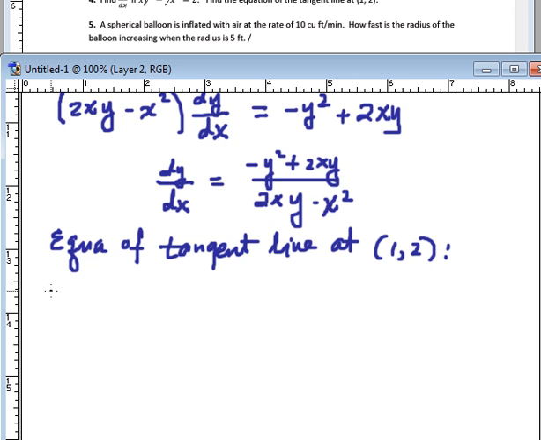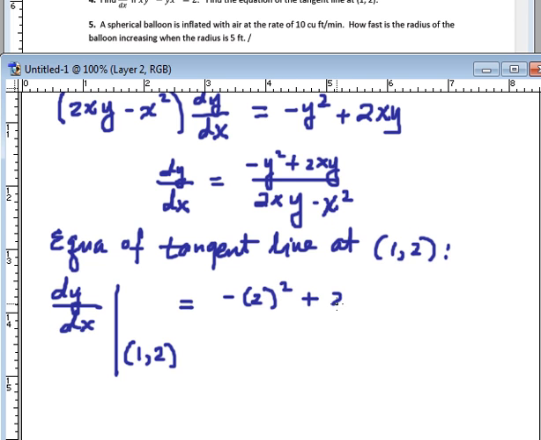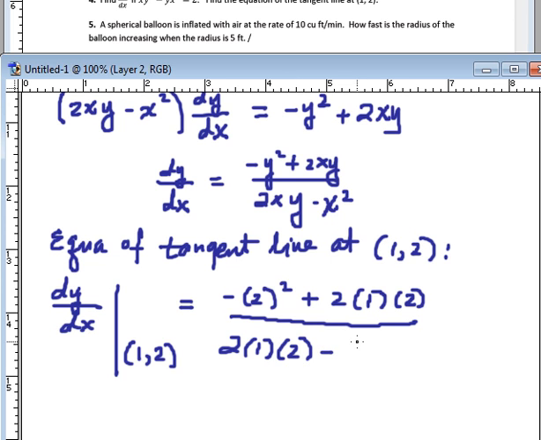Alright, so first let's find dy dx, the slope at 1, 2. That'll give us the slope of our tangent line. So just substitute the 1 for x and the 2 for y in this expression. Okay, a 1 for x, a 2 for y, minus a 1 for x.